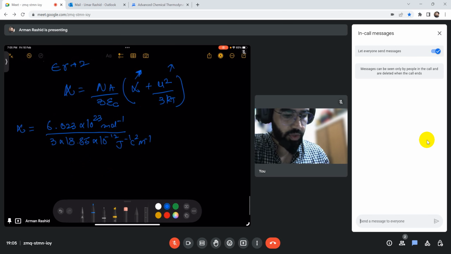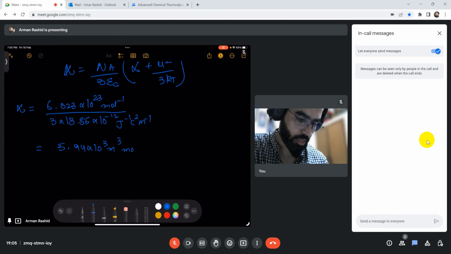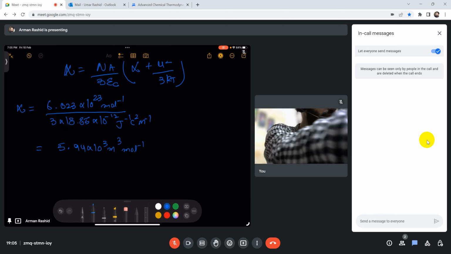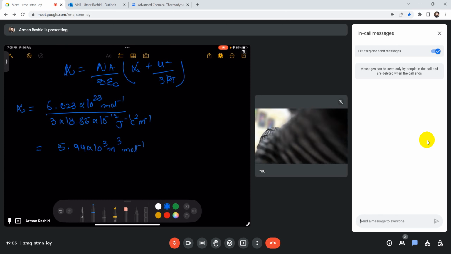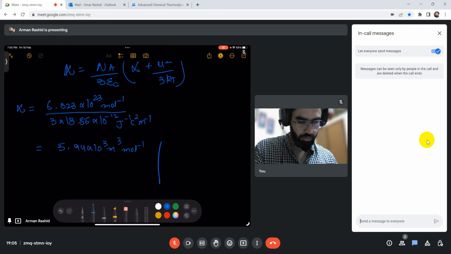If we solve this equation numerically, we will get 5.94 × 10^3 meter cube per mole. Now we have determined alpha.